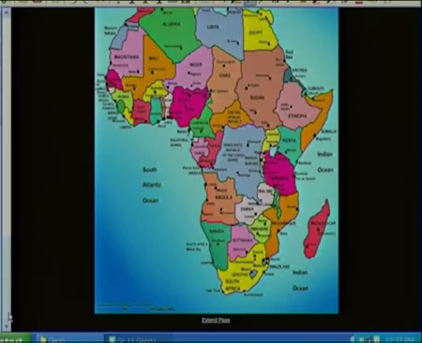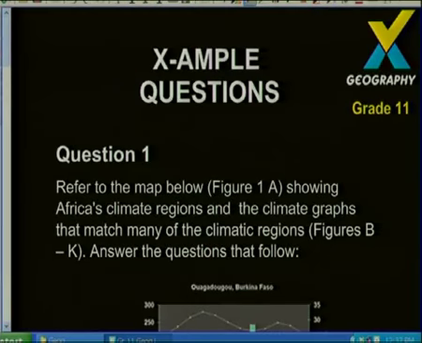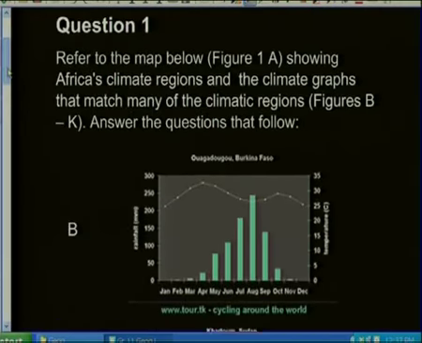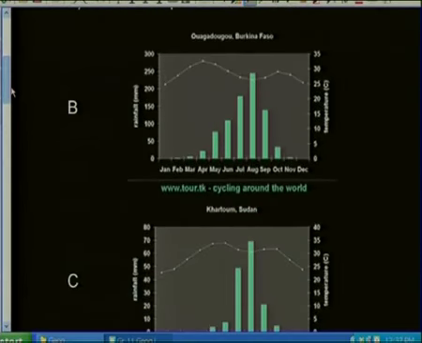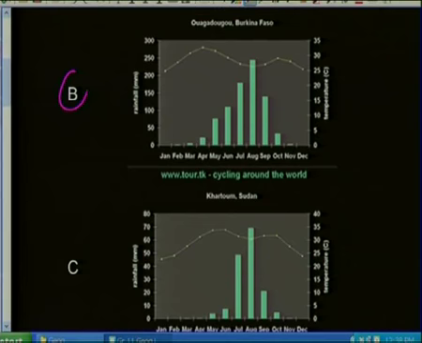Right, so let's have a look at some of those graphs first. It says you must refer to the map and the graphs to answer these questions that follow, but let's just look at the graphs quickly in more detail. Here you can see this is graph B, that's graph C, etc. We'll look at all of them in turn. This first one is Ouagadougou, a place in Burkina Faso, a very small, interesting country in Africa. What they're showing on the graph are 2 variables.